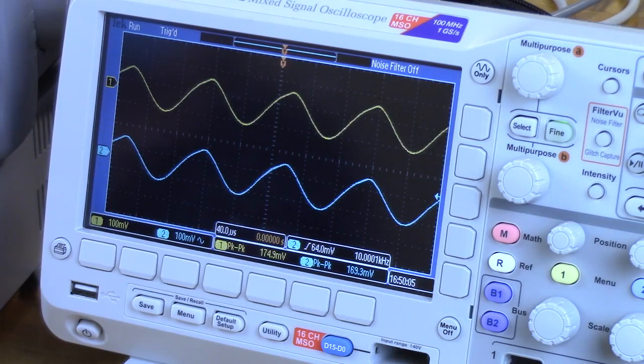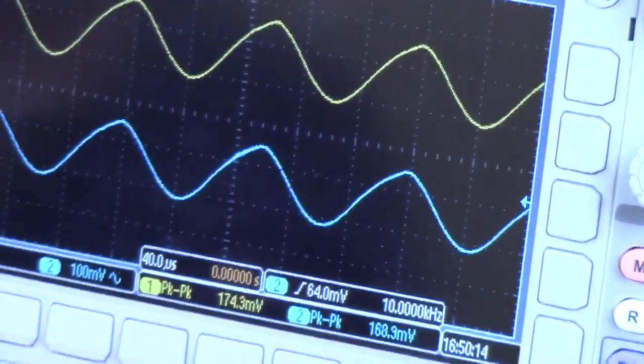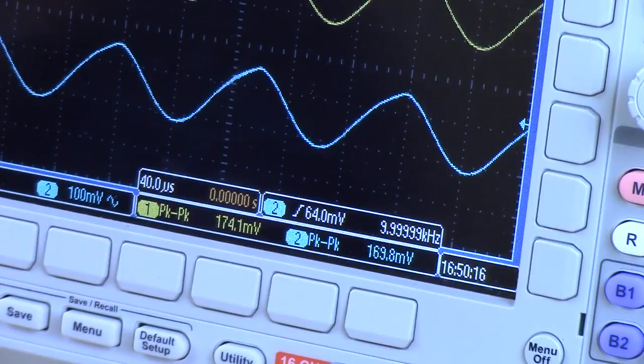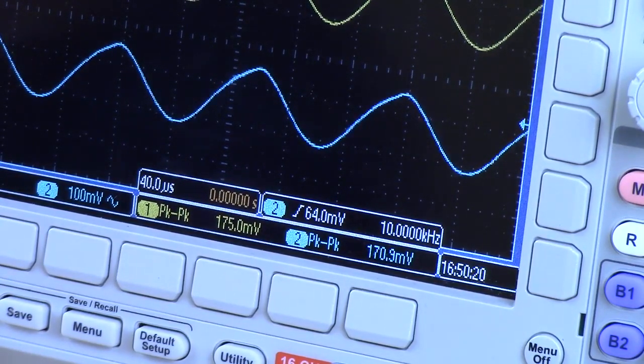That's not what I want. 174 millivolts times 0.707 is, no, I don't trust that. 174 times 0.707 equals 123.